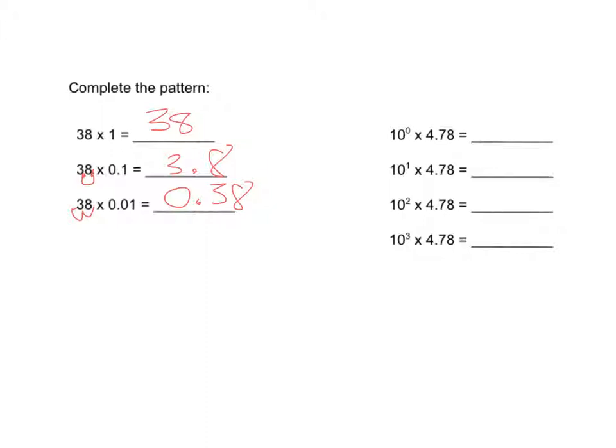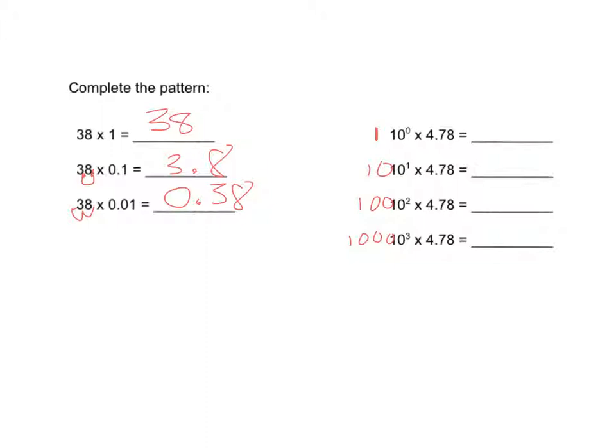Okay, now on this next one with the patterns, we're coming back and hitting exponents a little bit. So just to recall, 10 to the 0 power is the same as 1. 10 to the first power is 10. 10 to the second power is 100. 10 to the third power is 1,000. We talked about a lot of little shortcuts and ways to remember that easily.